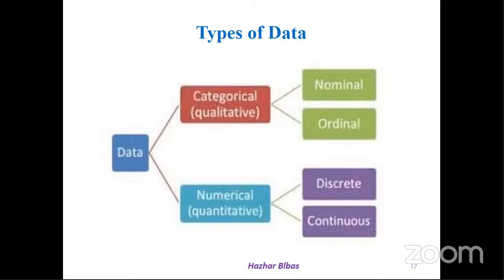It's not possible to say 7.3 members in that family. No, it's not logical. Continuous has some decimals, like weight. We can say I am 61 kilos 30 grams, and so on, or height, or temperature.